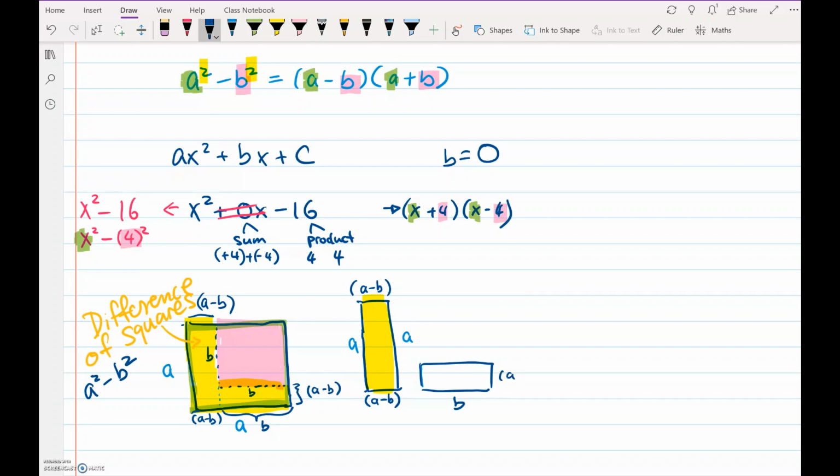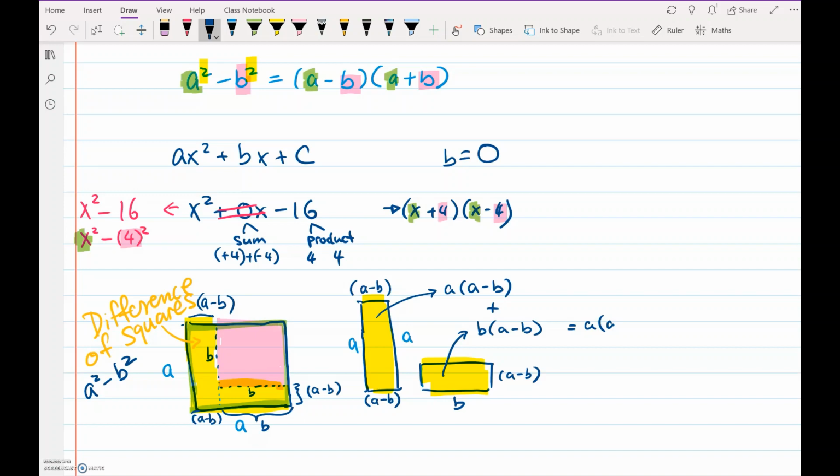So that is my new area. So let's multiply our new areas together. In my first shape right here, I would have a times a minus b. My second shape here, I have b times a minus b. I add these two together, and what do I get?